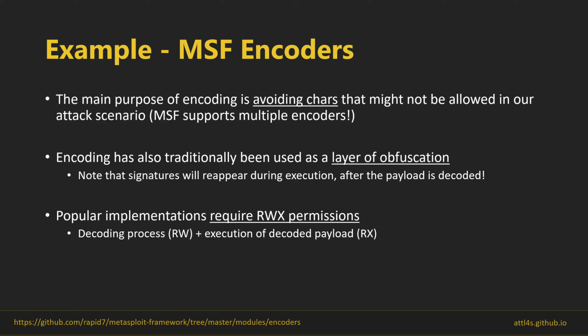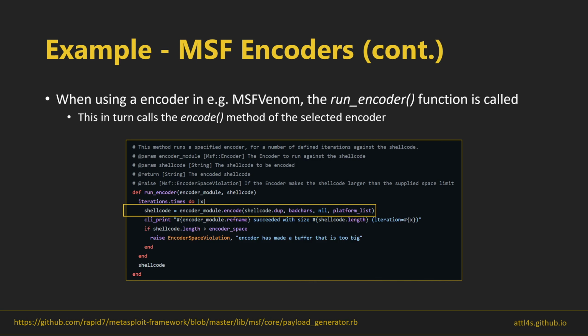Nowadays it's not very useful, and if you use Metasploit encoders for evasion, you're not going to have good results. Trust me. And a final note, popular implementations do require read-write-execute permissions, because decoding the thing requires write permissions and executing the thing requires execute permissions.